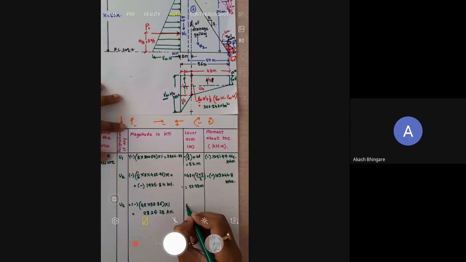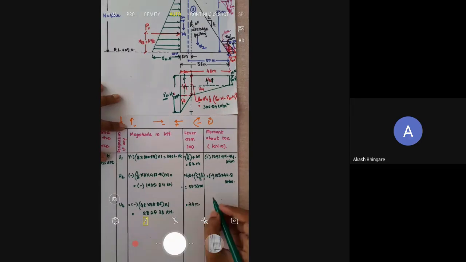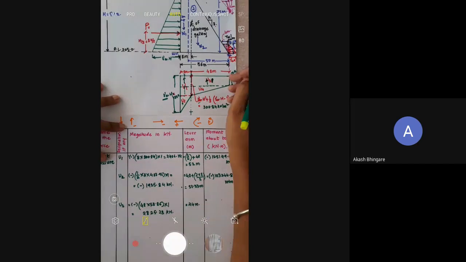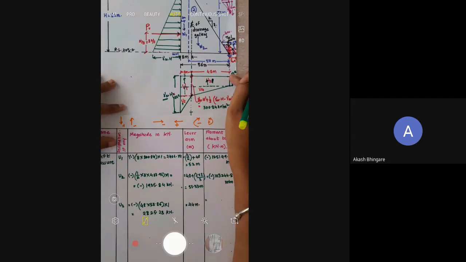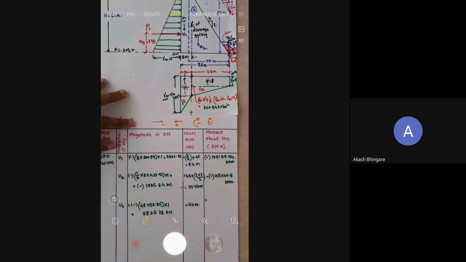Now what about the moment? Again, take moment about toe. U3 is creating a moment in clockwise direction, therefore the sign will be negative.